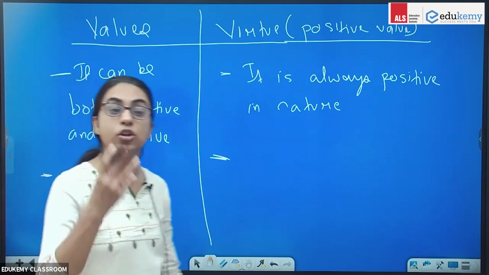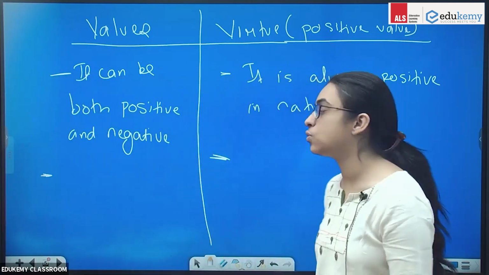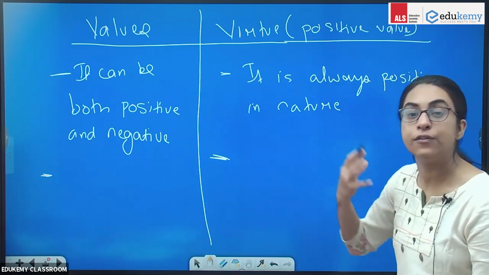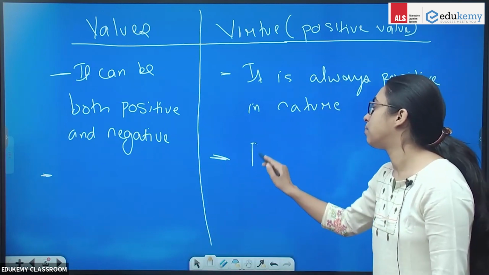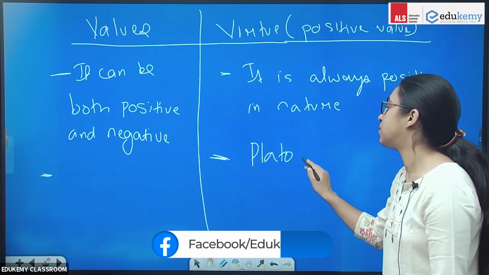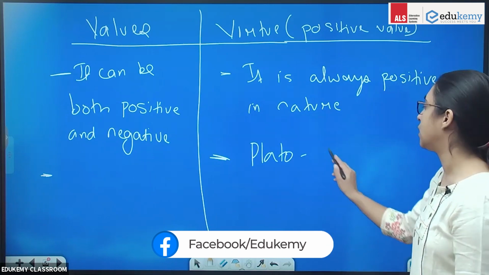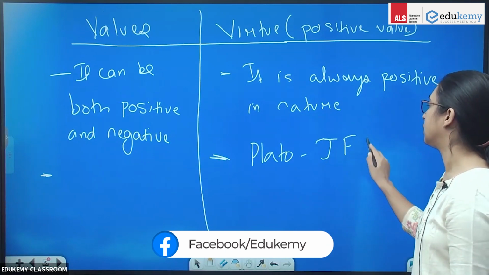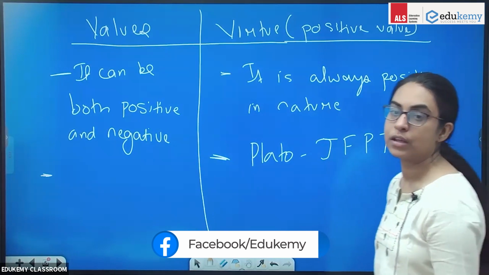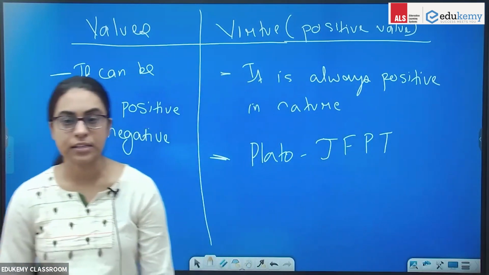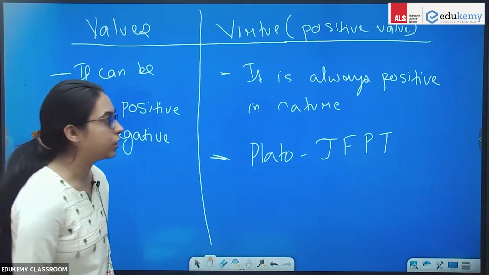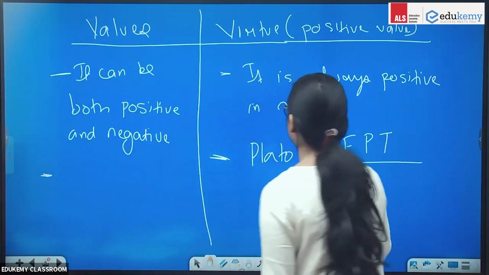So here we are starting off with virtue. This term you can use in your ethics. So what are virtues? Different people have different virtues. As per Plato, the virtues are JFPT: justice, fortitude, prudence, temperance.